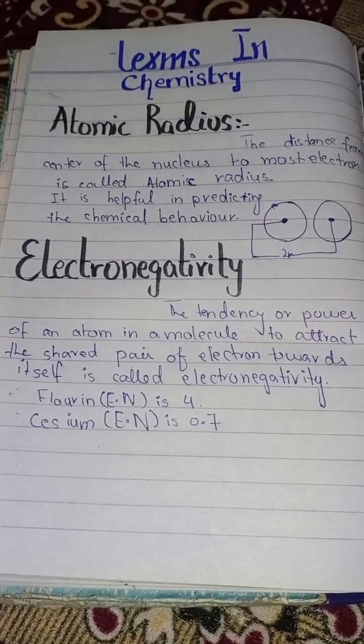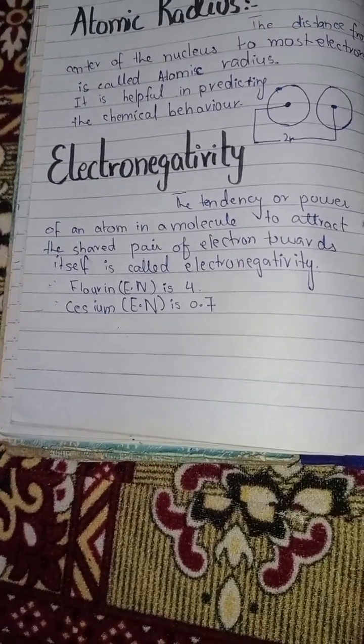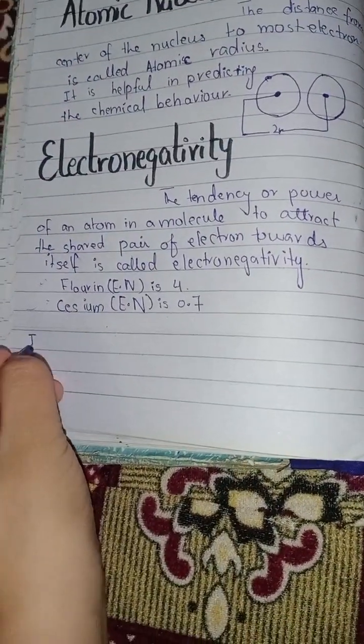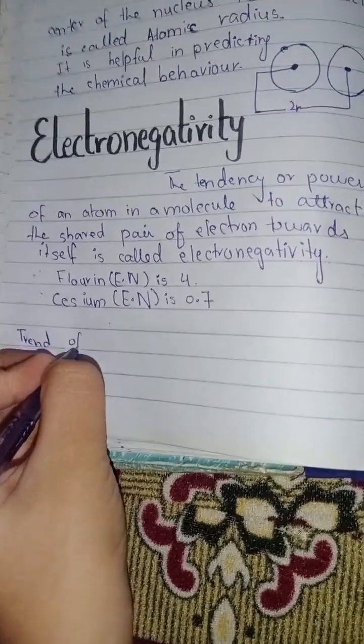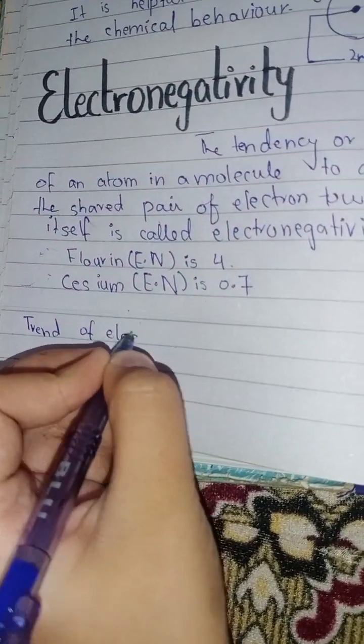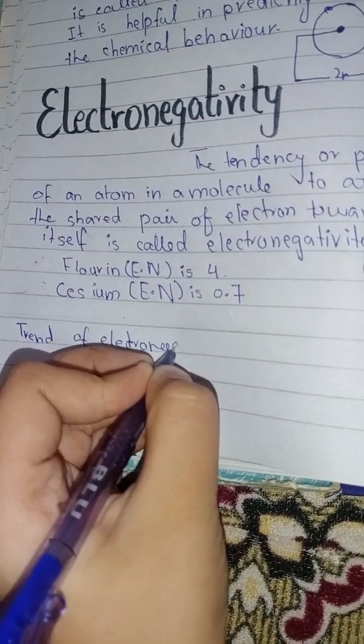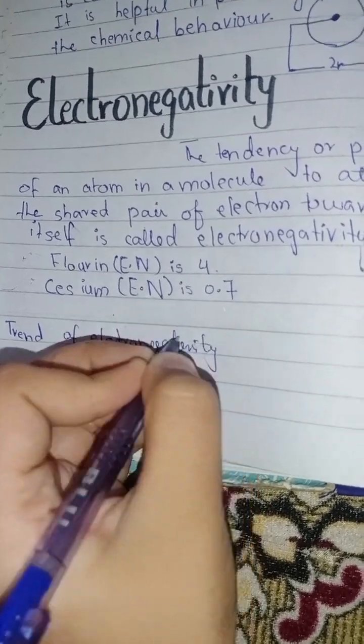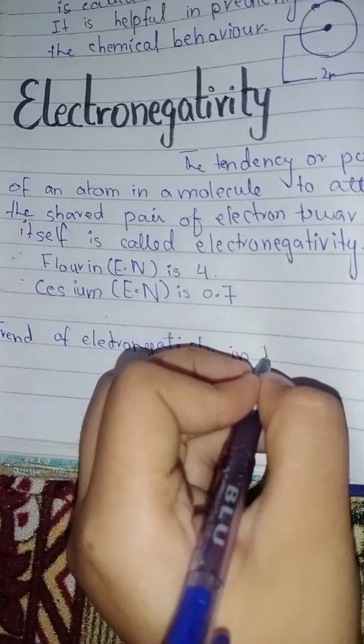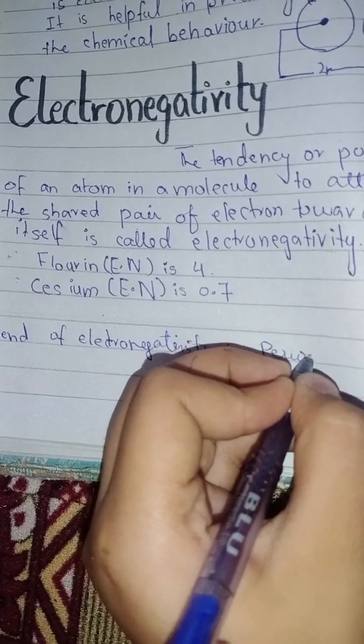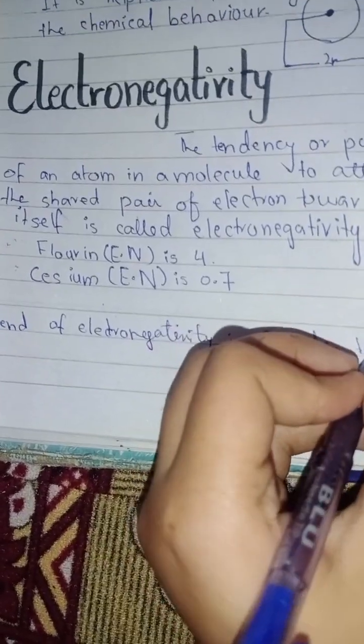So this is electronegativity. Now let me tell you the trend of electronegativity in the periodic table.